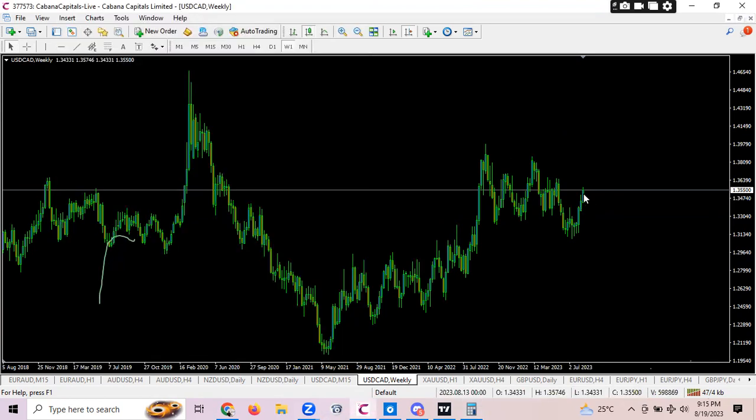We add up the high, low, close price of the candle, then divide whatever value we get by 3.